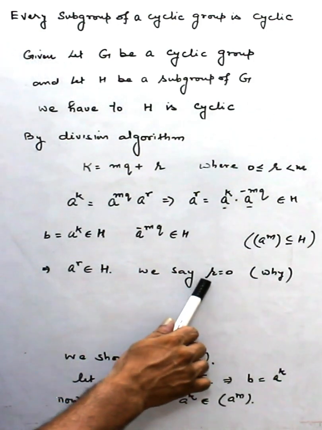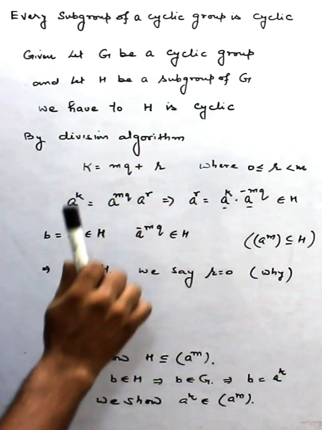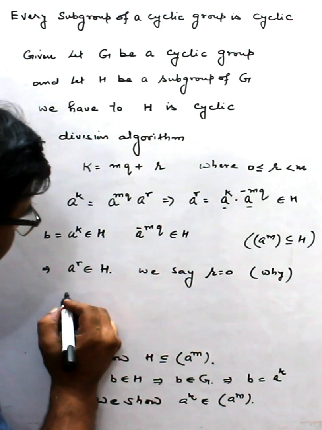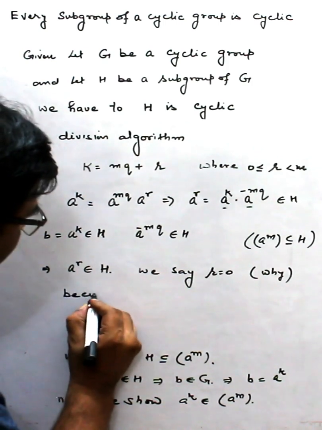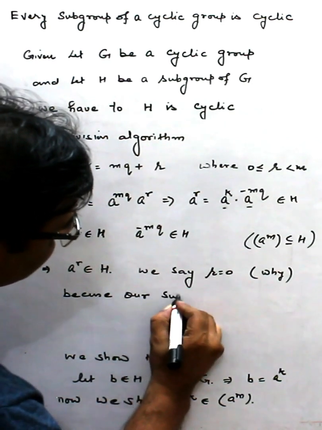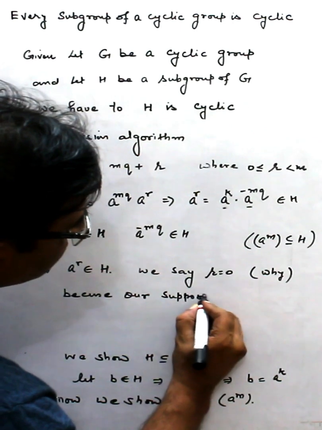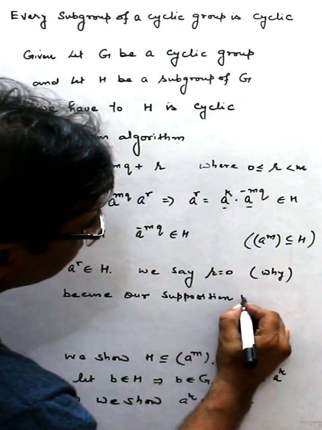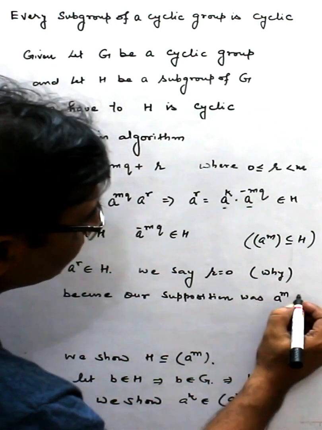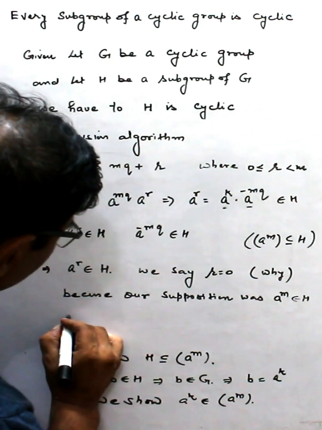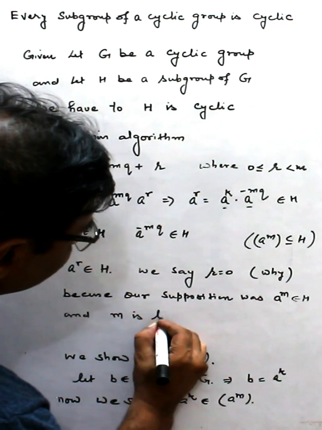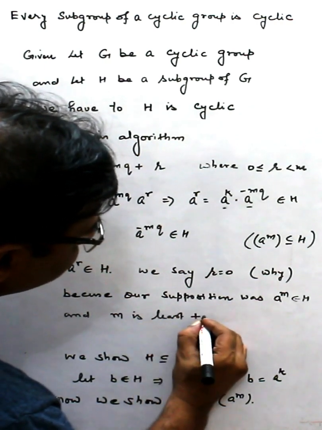Because our supposition was a^m belongs to H and m is the least positive integer.